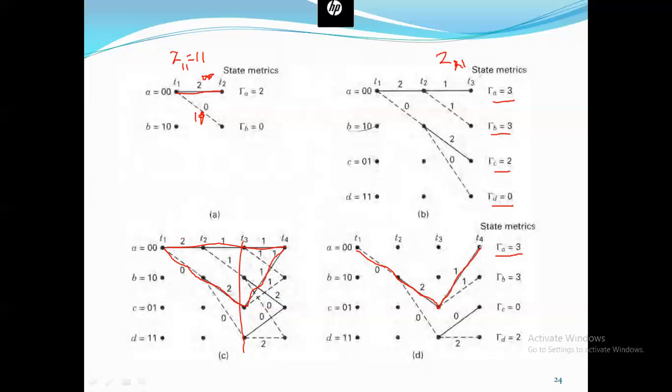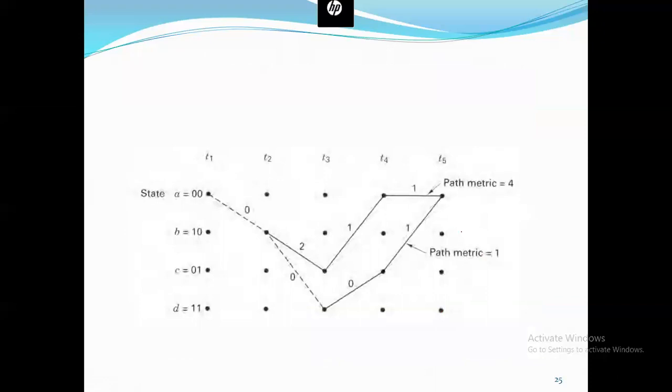The same way we will calculate the Hamming distance of all other paths and choose the 4 paths only. From now onwards, we have the 8 paths emerging at T4 time, and we will again choose the best path.